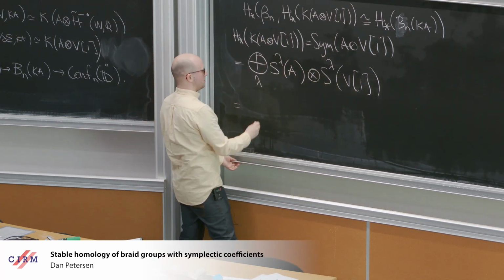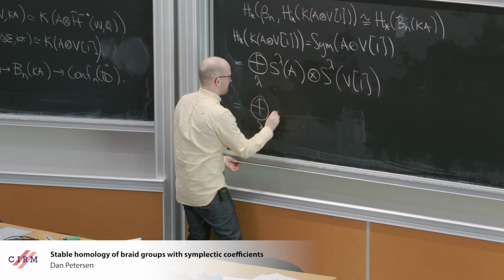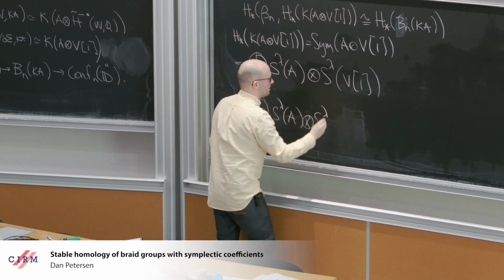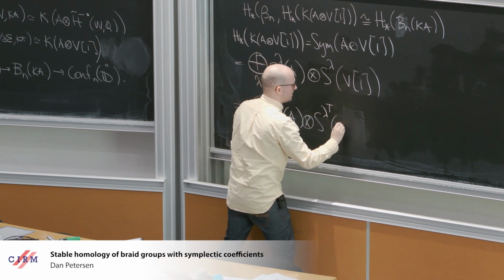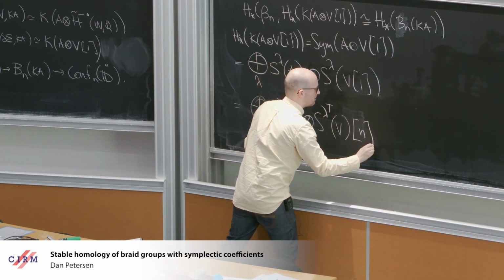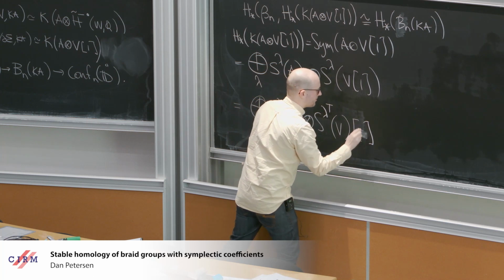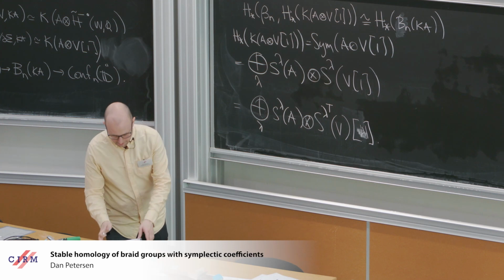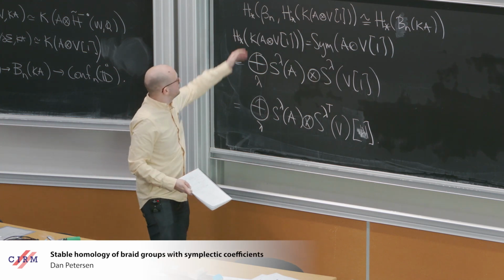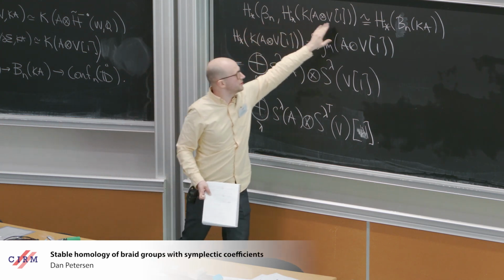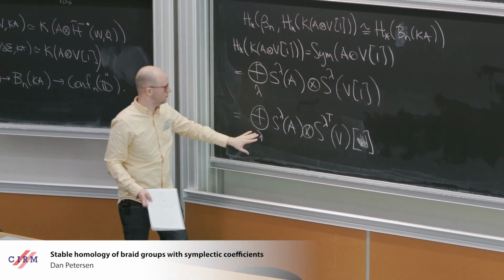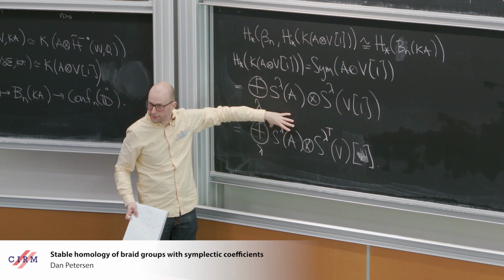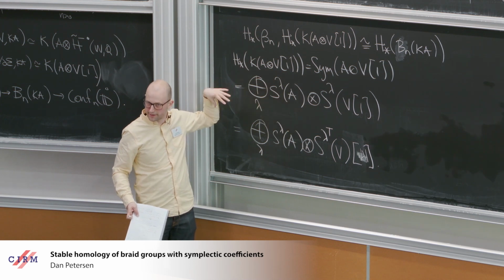And I can clean this up if I take the Koszul sign rule into account. I'm taking homology of the braid group with coefficients in this group, which is the same as that group. But S lambda of A is actually not a representation of the braid group, so I can just pull that out.